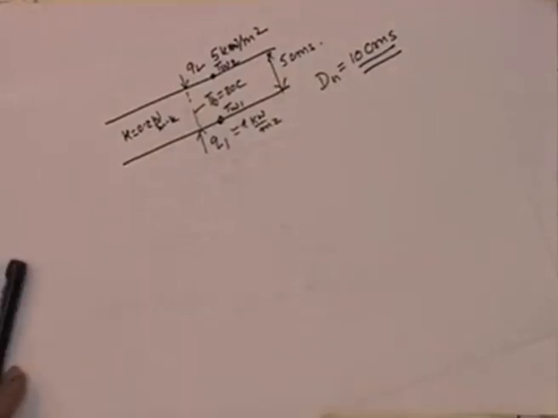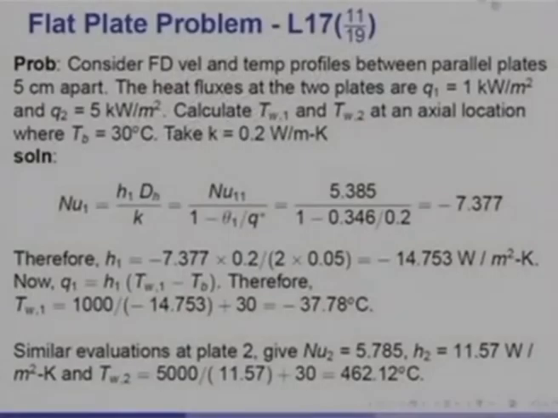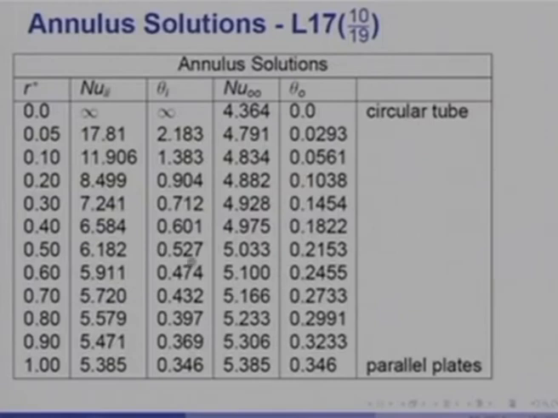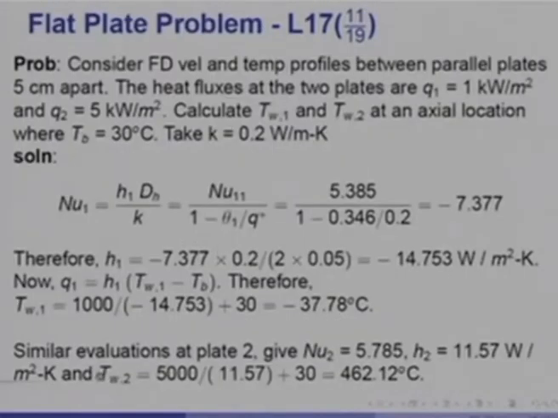For example, the solution would run something like this: Nu1 will be h1 d_H by k, equal to Nu_ii over 1 minus theta1 Q star. The influence coefficient for parallel plates is 0.346, Nu_ii is 5.385, and therefore Nu1 will become 5.385 over 1 minus 0.346 divided by Q star, which is 0.2.